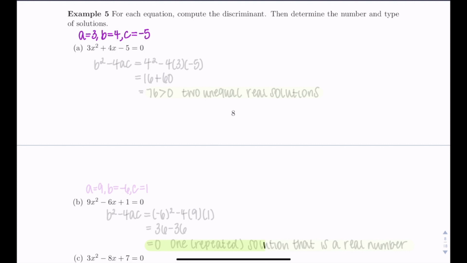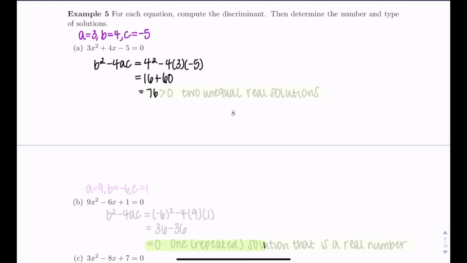Plugging into b squared minus 4ac, we have 4 squared minus 4 times 3 times negative 5. That's 16, and negative 4 times 3 times negative 5 is plus 60. And so we end up getting 76.